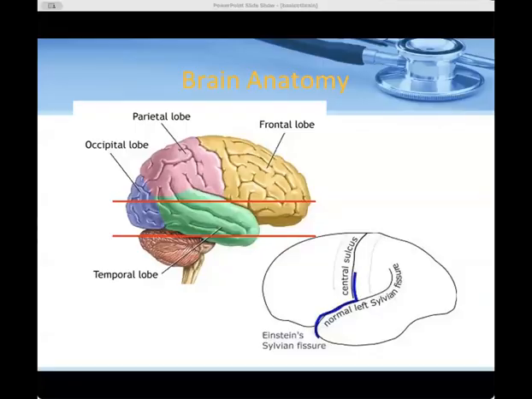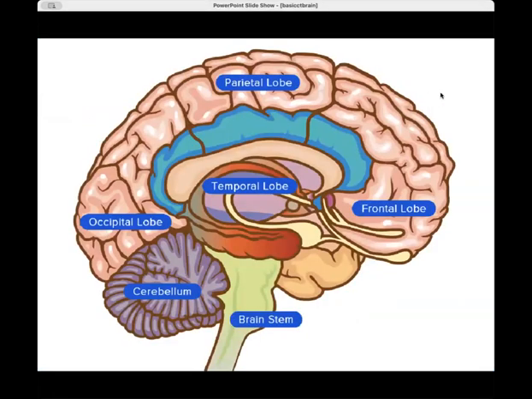Note how the central sulcus and the Sylvian fissure connect. Here's a label of the lobes of the brain.